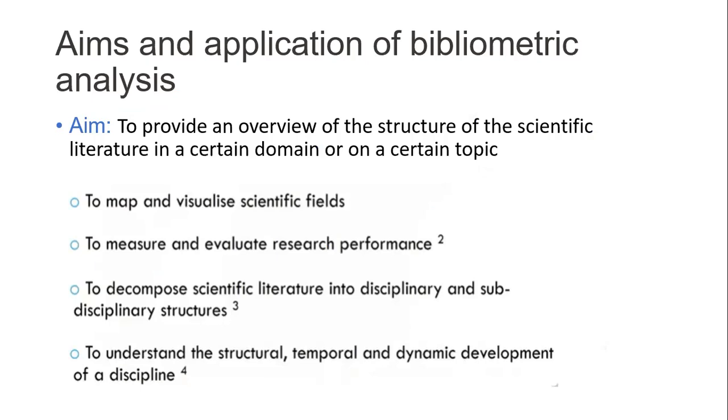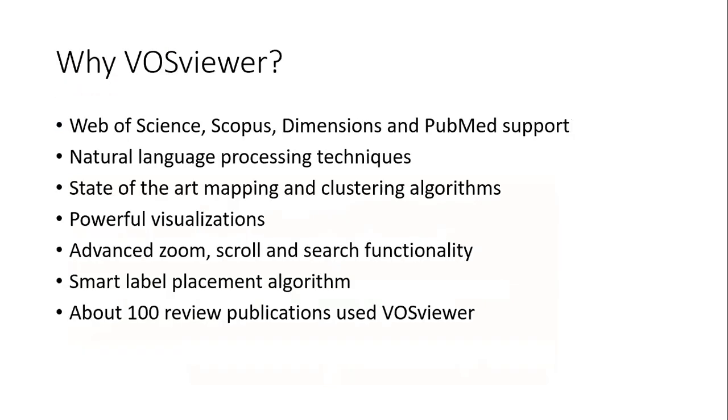So the applications of bibliometric analysis include, but are not limited to, mapping and visualizing scientific fields, measuring and evaluating research performance, as well as decomposing scientific literature into specific subdisciplinary structures. It can also be done to understand the structural, temporal, and dynamic development of a certain discipline.